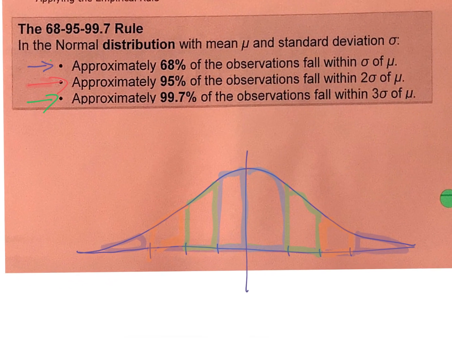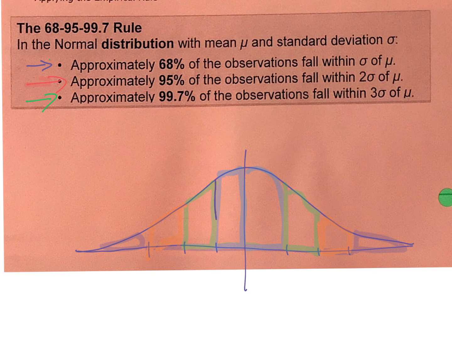If we're told that 68% of the observations fall in this interval right here, and it's basically broken into those 2 parts, 68 divided by 2 tells us that this slice right here is 34% of the data, and this slice right here is 34% of the data.